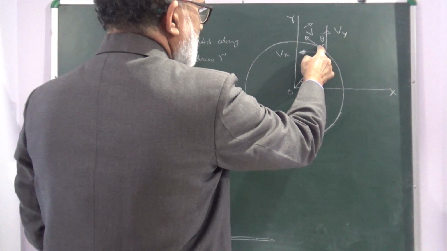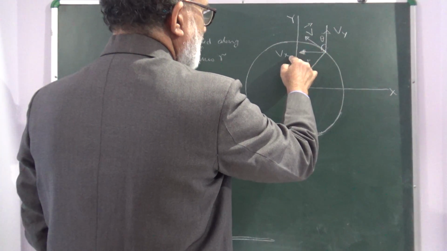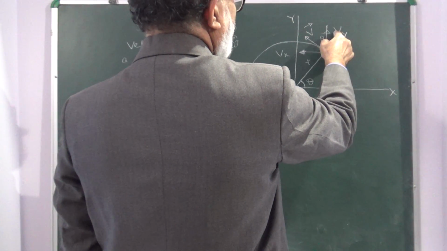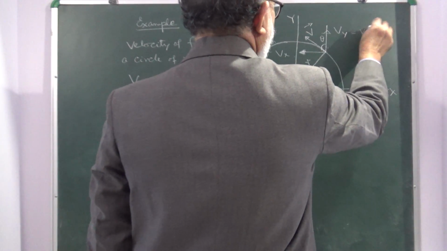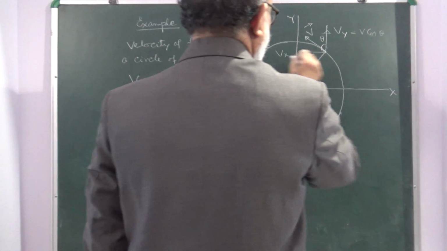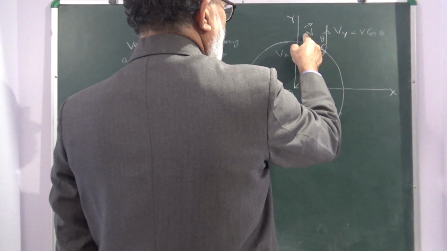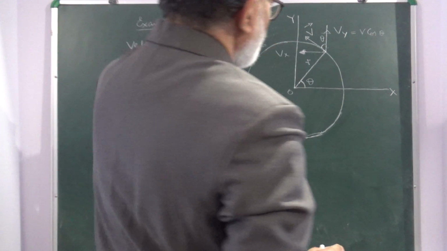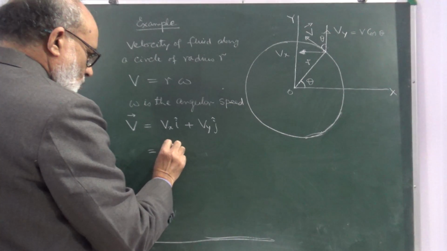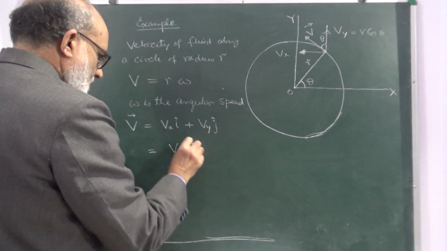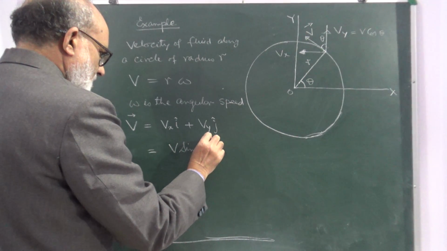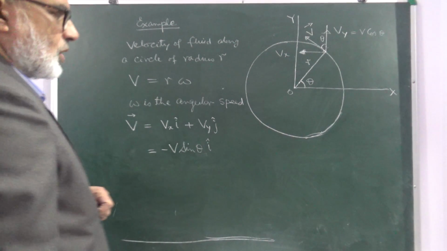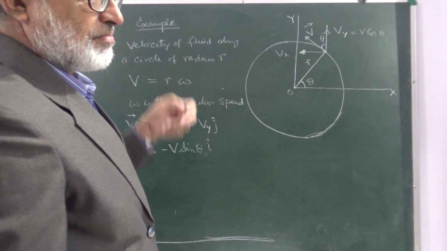Vx will be v sine theta and vy will be v cos theta. So vx will be v sine theta i, but its direction is opposite to i because it's directed this way.